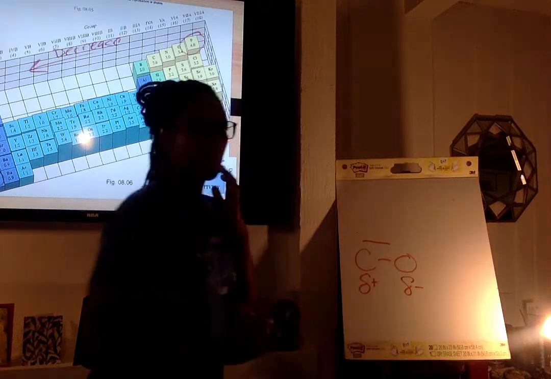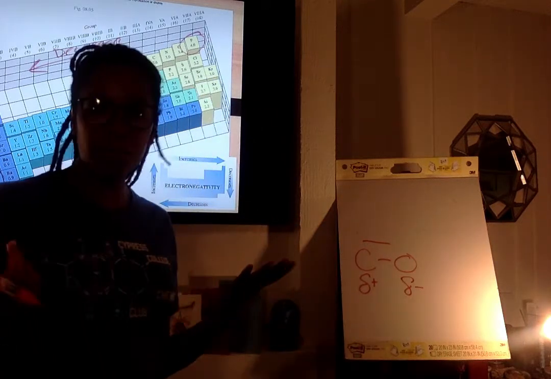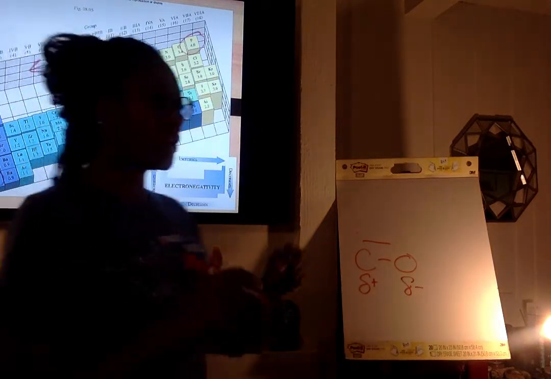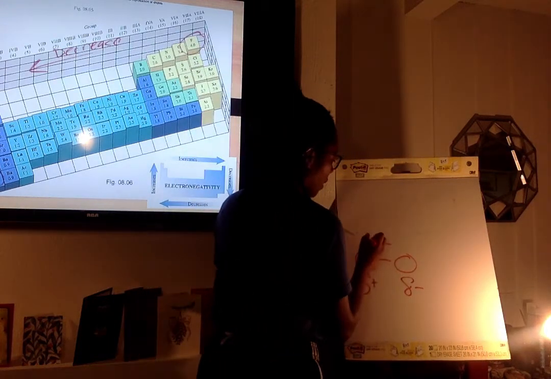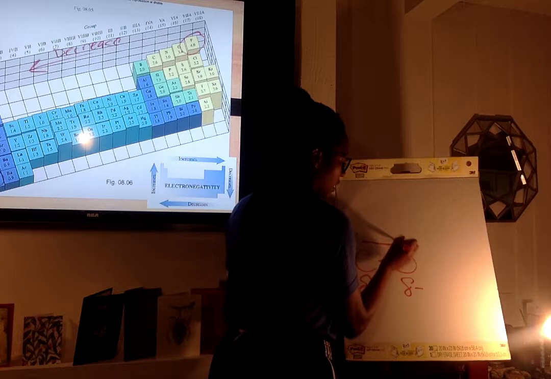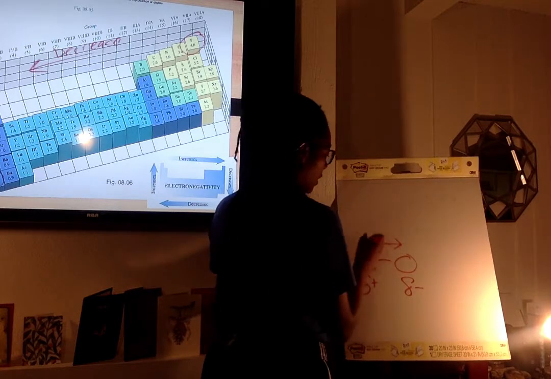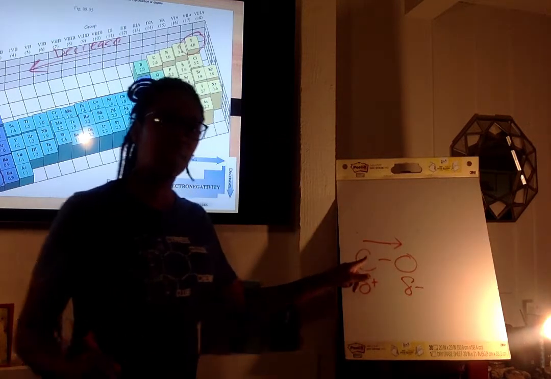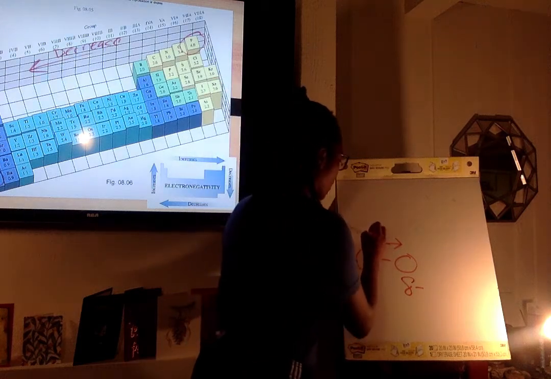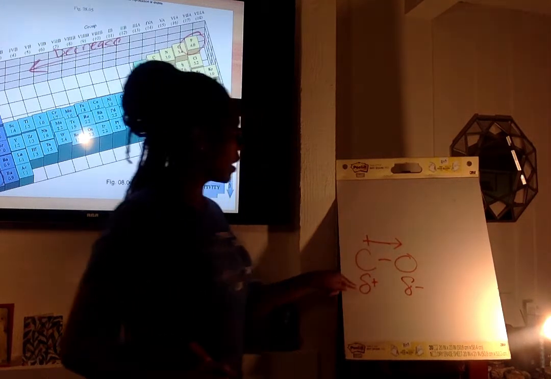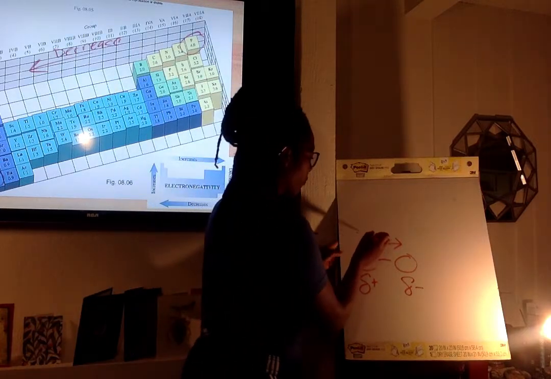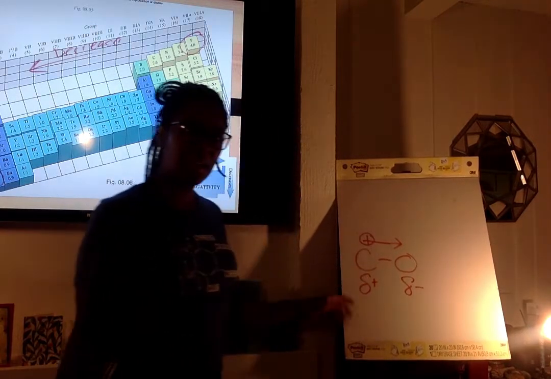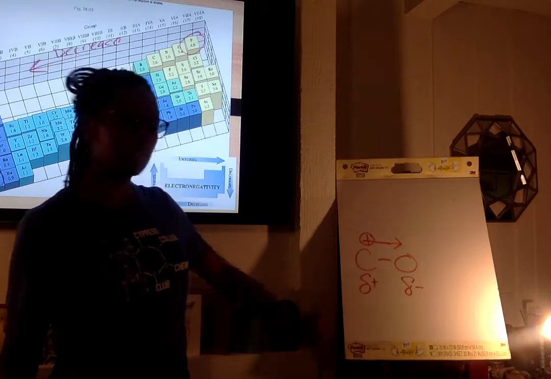So we're going to draw our arrow, and what direction would you think? Towards the side that's being pulled, or towards the side that's pulling? Our arrow is going to go towards the negative, because that's the side that's pulling. And then on the positive end, that's where we put a little perpendicular mark all the way through. I like to think that this side is the positive side, and so the positive side goes with the delta positive.